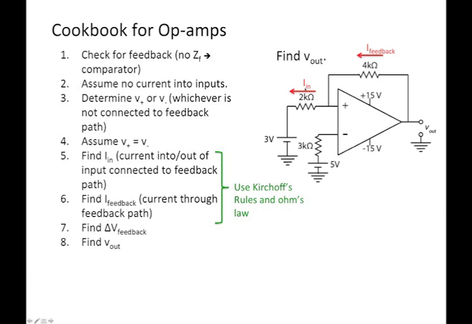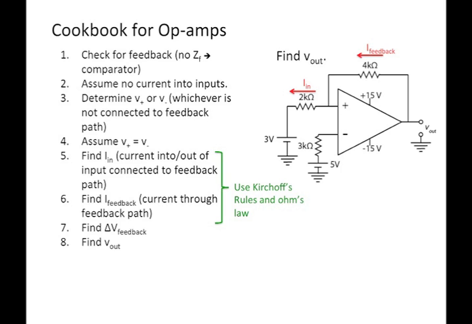So the current in must be equal to the feedback current, and then we can figure out the change in voltage of the feedback. That's the change in voltage across the 4 kilo ohm resistor in this case, and knowing the potential on the non-inverting input plus the change in voltage across this resistor will allow us to determine V out. Okay, so that's the basic operation.